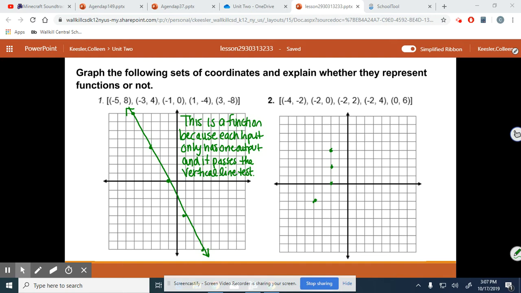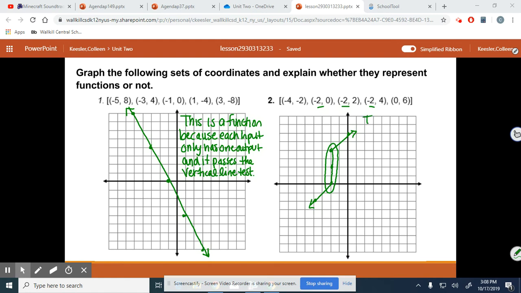Go up to 6. So here, if I were to connect my points, I get a vertical line section. So this does not pass the vertical line test and is therefore not a function because these 3 points have the same input. So the input of negative 2 has 3 different outputs.